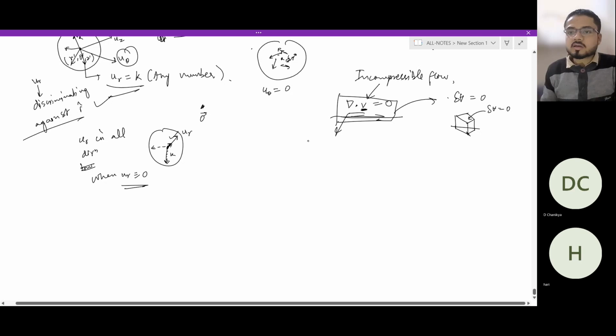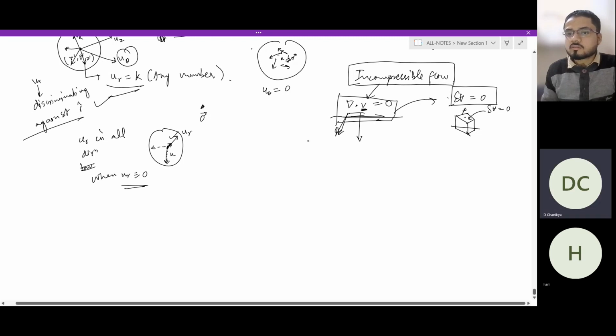So people actually confuse between the incompressible flow and the mass continuity equation. It is of an identical form, but the principle behind incompressibility is this: the change in volume due to any external pressure would be zero.